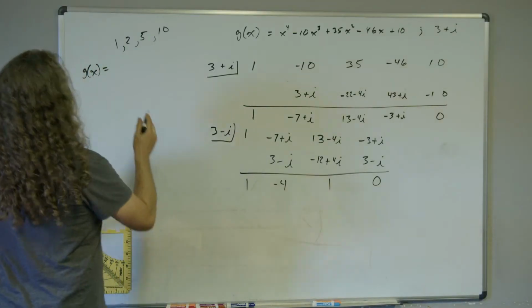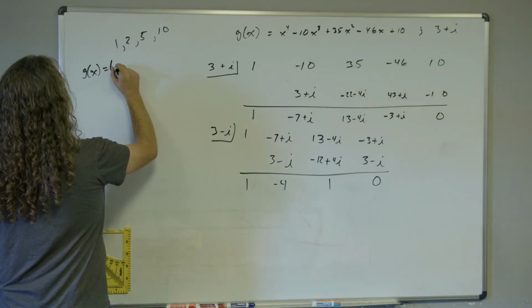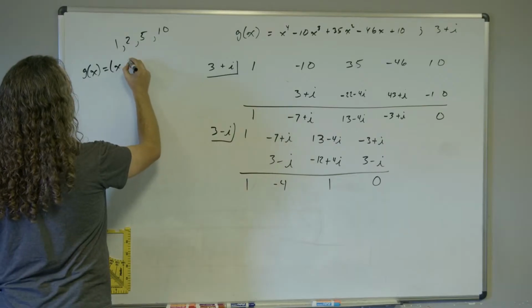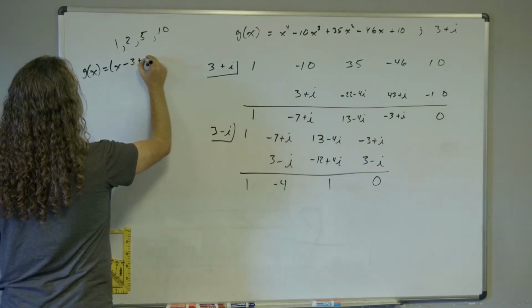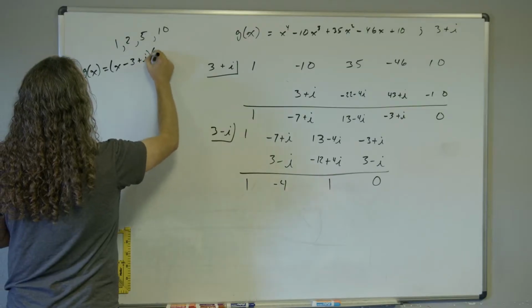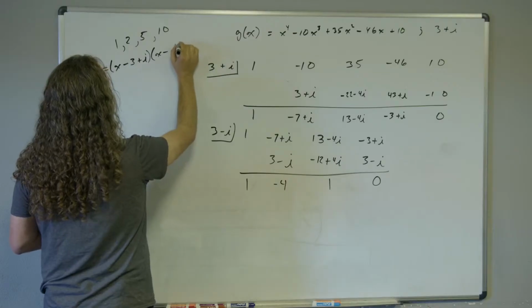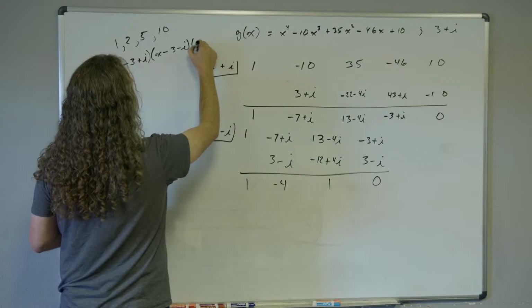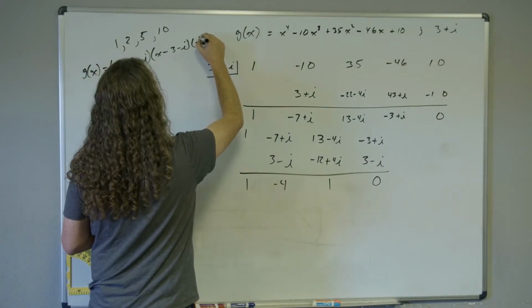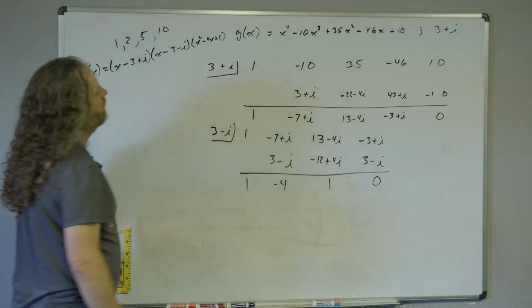So we have g of x equals x minus 3 plus i and x minus 3 minus i times x squared minus 4x plus 1.